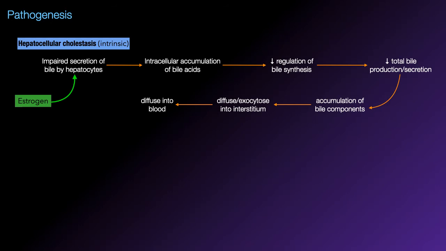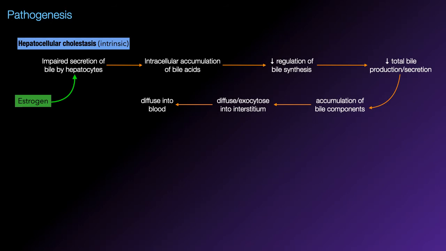Since the production and secretion of bile acids is a major driving force for the synthesis of bile in the hepatocytes, when the cells can't transport the bile acids, they build up inside the cells, and this basically is a signal to downregulate bile acid synthesis and excretion of bile altogether, which decreases the total amount of bile production, right?